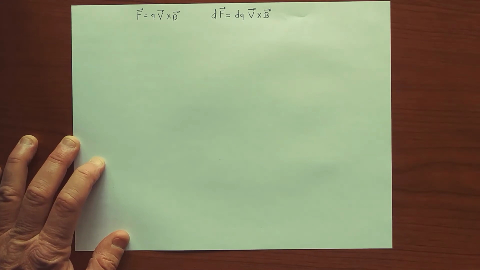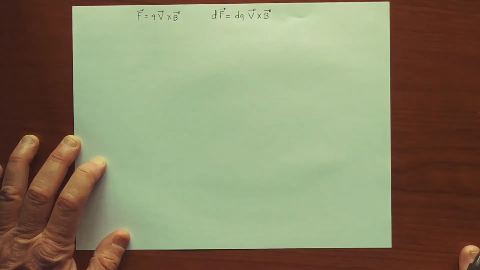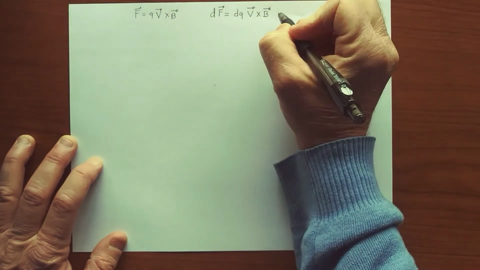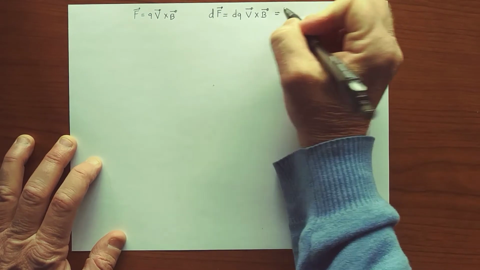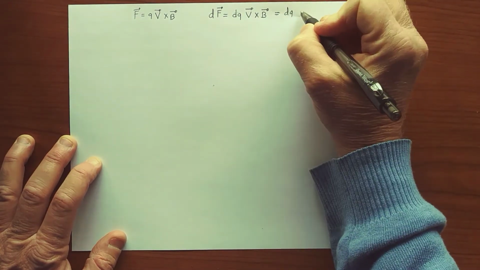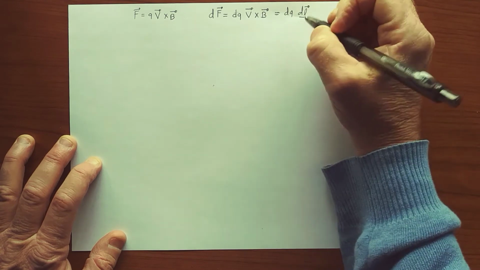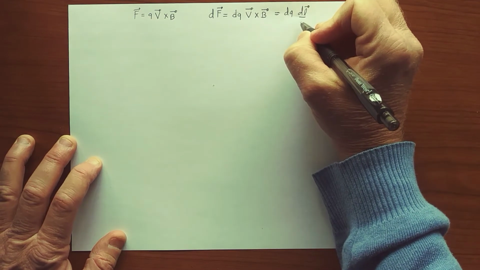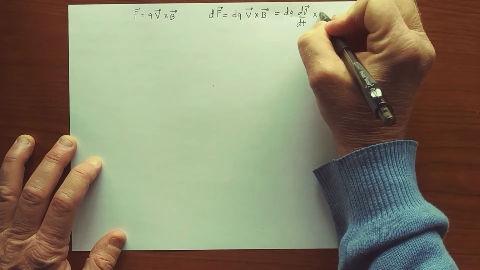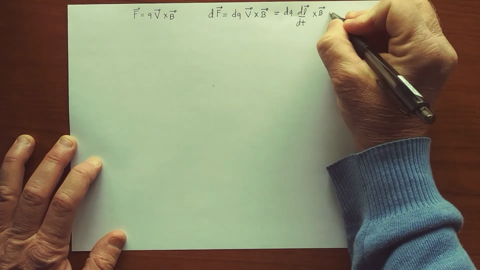A tiny bit of charge, dq, experiences a tiny force that obeys this equation, and it looks like this because the charge is infinitesimally small. But we can turn this into an expression for current by recognizing that v is equal to the time derivative of the position vector, dl/dt, cross B. We could write this as dr/dt if we want, but it's the same thing.